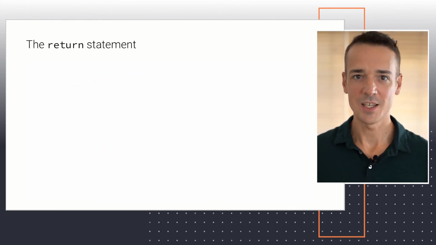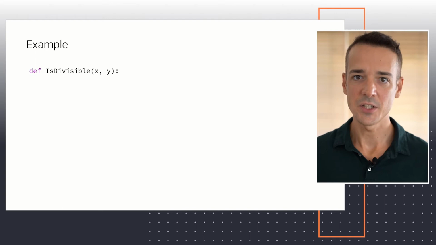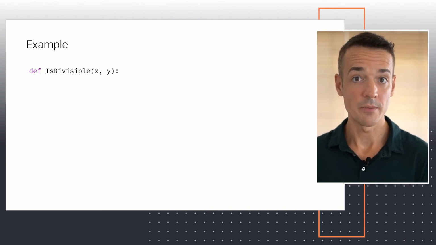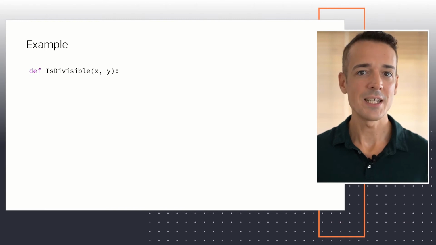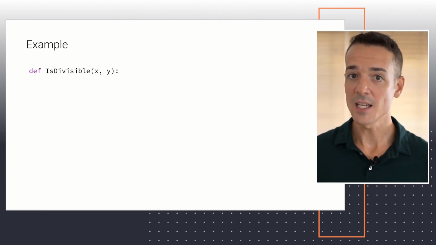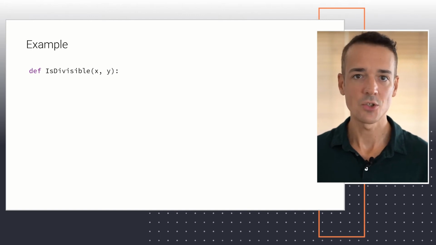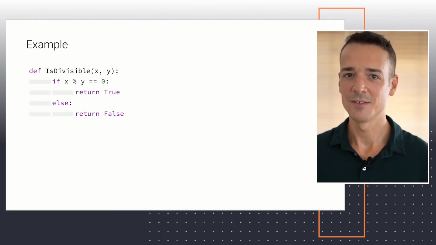Let's look at a specific example. Here, we're going to define a function called isDivisible that takes two input arguments called x and y. The purpose of this function is determining whether x is divisible by y, and in that case, return a Boolean value set to true. Otherwise, the function should return false. Here's the body of the function.